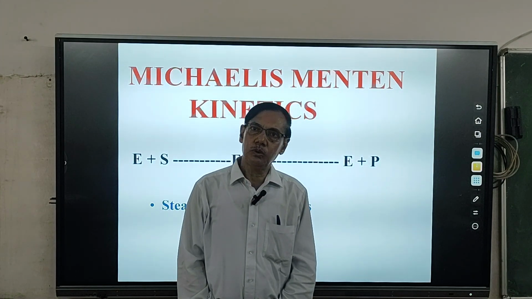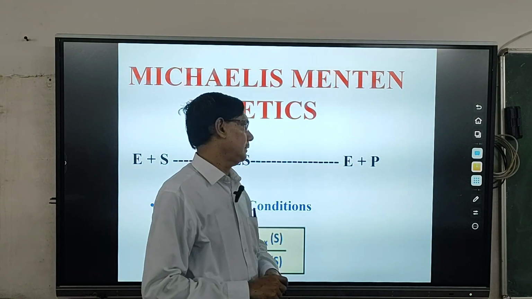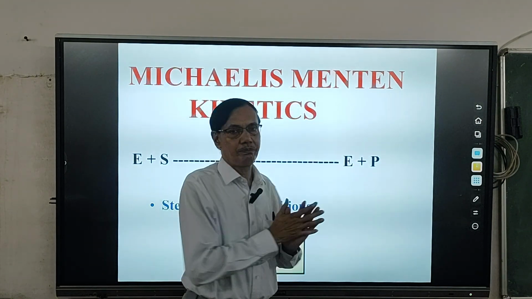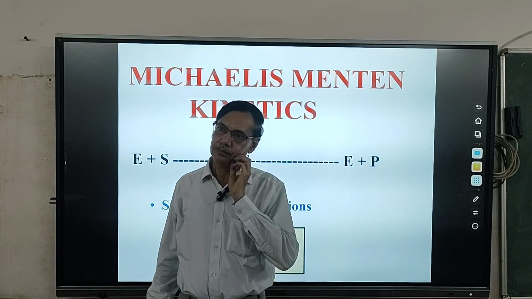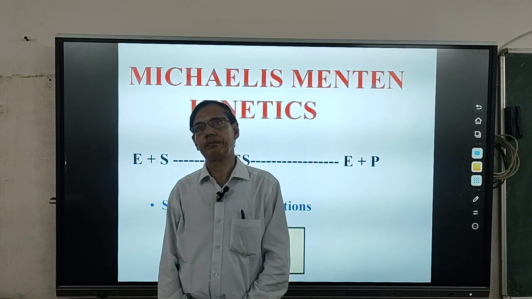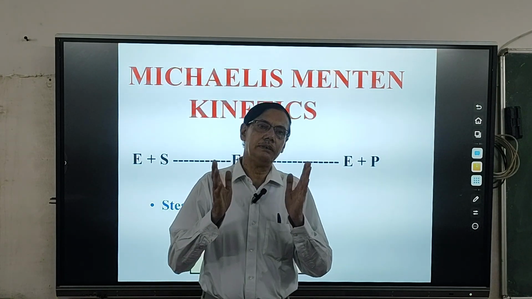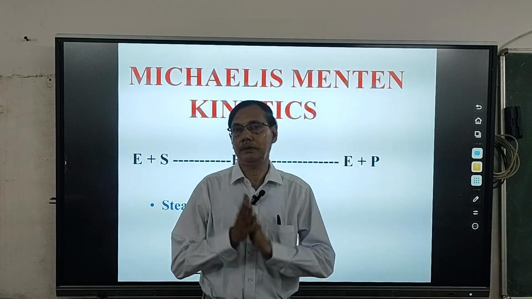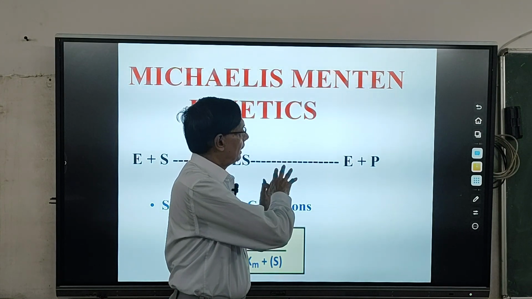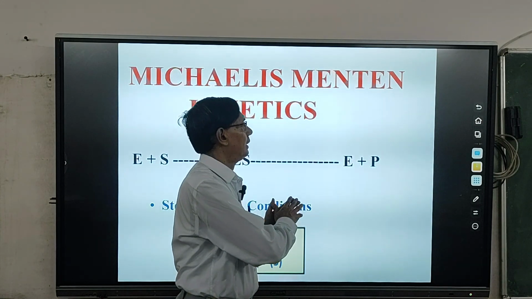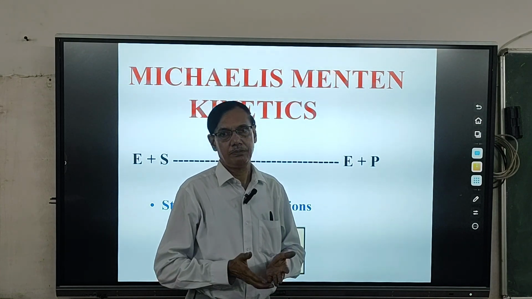As I always tell my students, if you understand one system, then after my class you must see some standard textbooks or books related to enzymes. You will find a large number of equations, but we always prefer this first equation, though the Michaelis-Menten equation can be modified. There are so many examples.